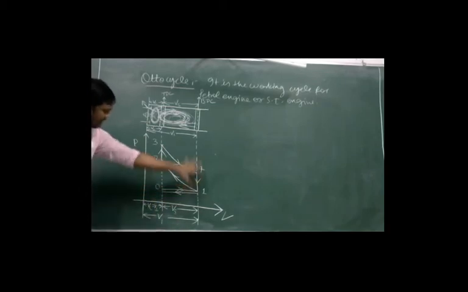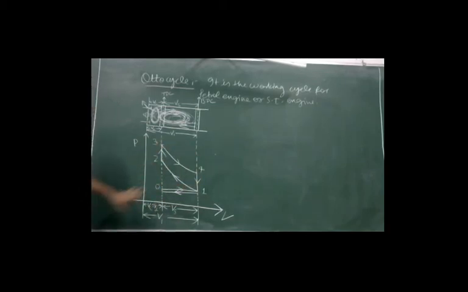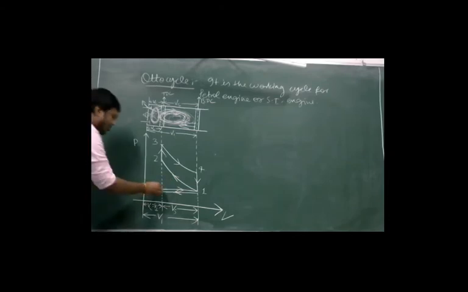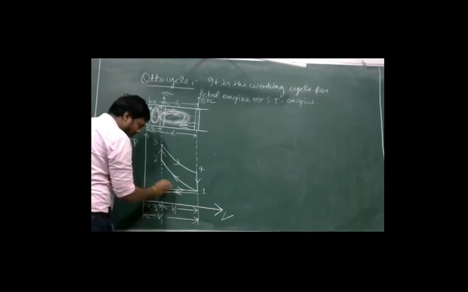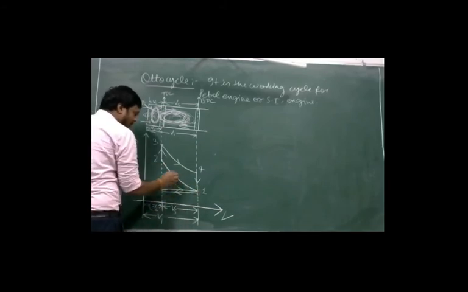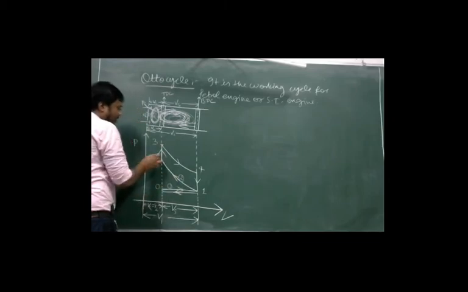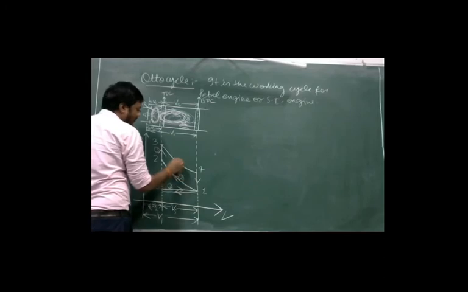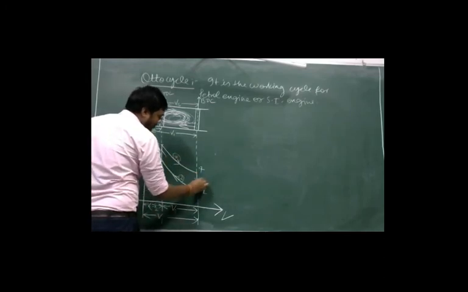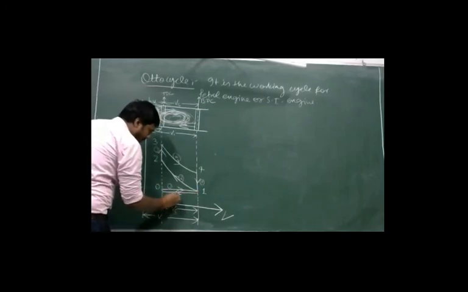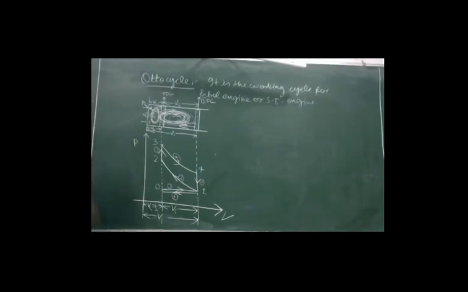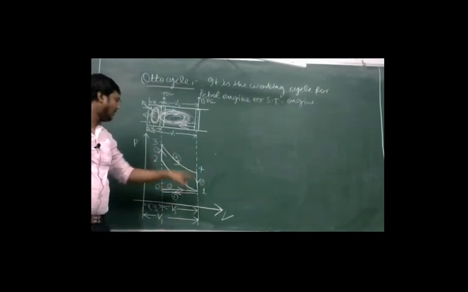We can count from this diagram only. 0 to 1 is one process. 1 to 2 is the second process. 2 to 3 is the third process. 3 to 4 is the fourth process. 4 to 1 is the fifth process. And the last process, 1 to 0, is the sixth process. So in total there are 6 processes.